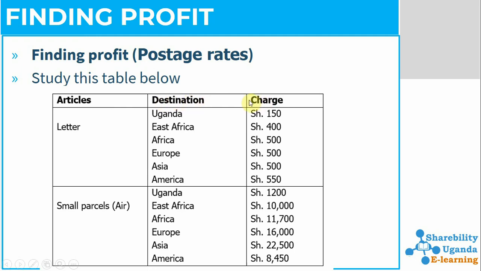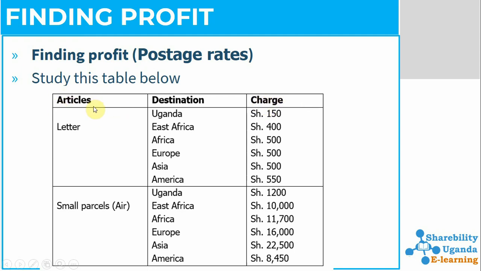Is it in Dubai? Is it in US, United Kingdom? All that kind. That means a destination. We also talk about charges. When they talk about charges, their meaning is, if a letter is sent to that destination, what do they charge? If an article is sent to that destination, how much do they buy it, how much do they sell it? So that's what we're going to deal with.